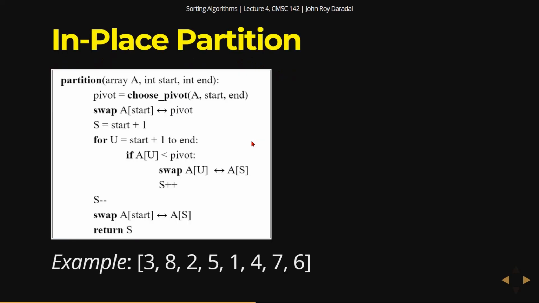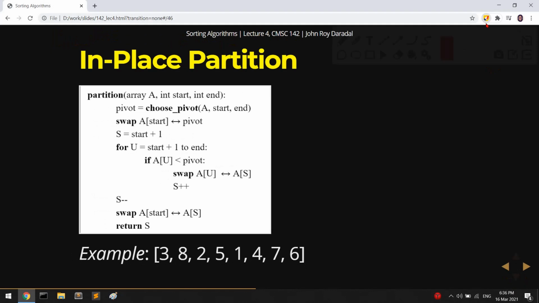So you could have partitioning for in-place partition, like here. First you'll choose a pivot, and then you put it at the start or the first part of the array, and then what this does basically is arrange everything in such a way that the items less than the pivot are grouped together.